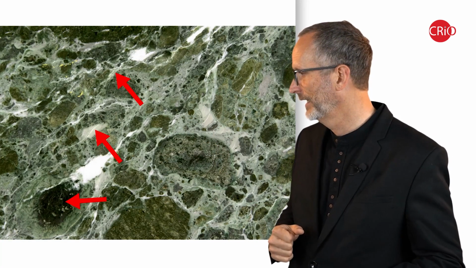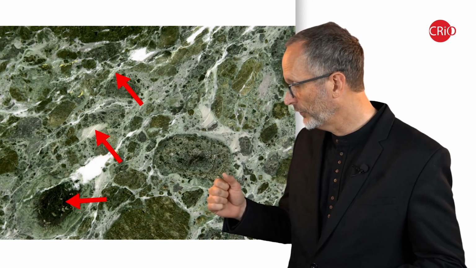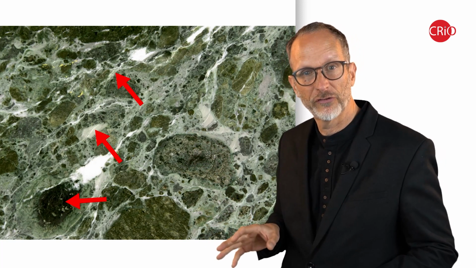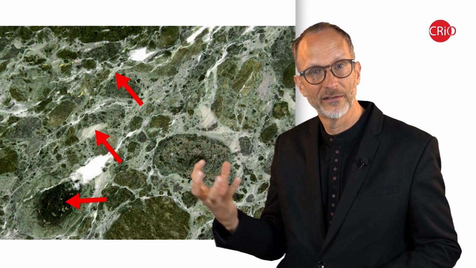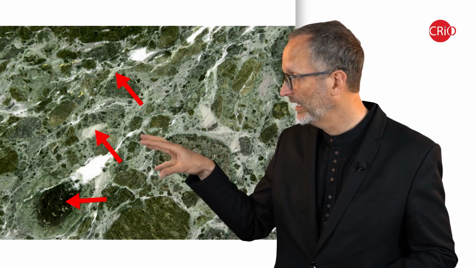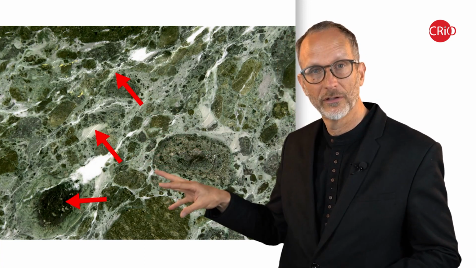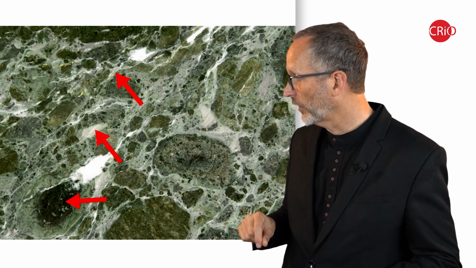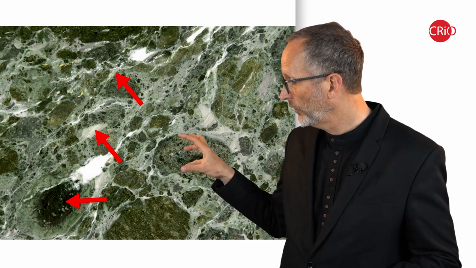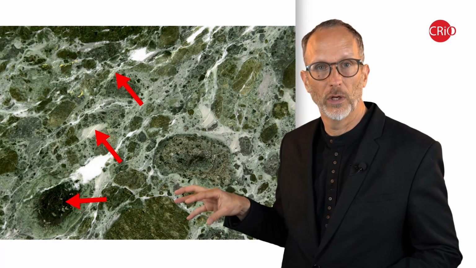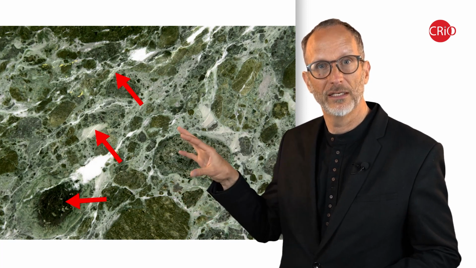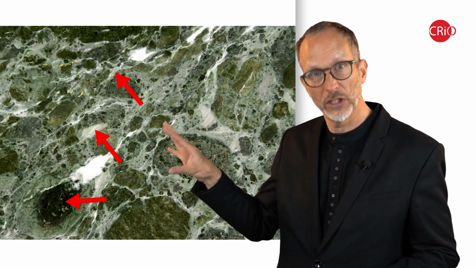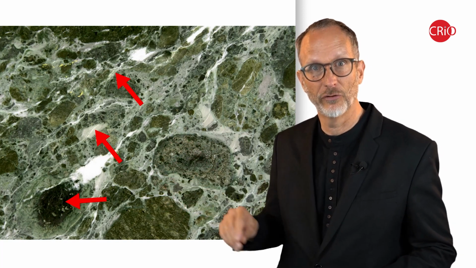Now, it appears that the dark blobs came first because they're floating, essentially, in this light-colored rocky background. Those dark blobs look like they may have been connected to one another, but it certainly looks like a frozen example of an emulsion, like our salad dressing analogy.